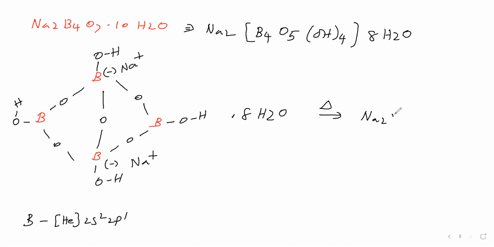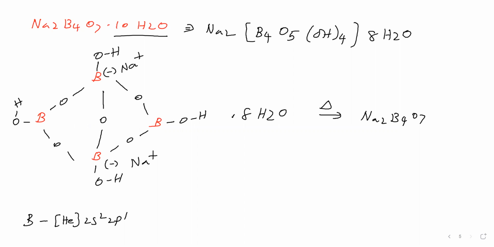Then what will be there? Na2B4O7 only will be there, isn't it? If you remove all 10 water molecules, only Na2B4O7 will be there. That is called anhydrous.